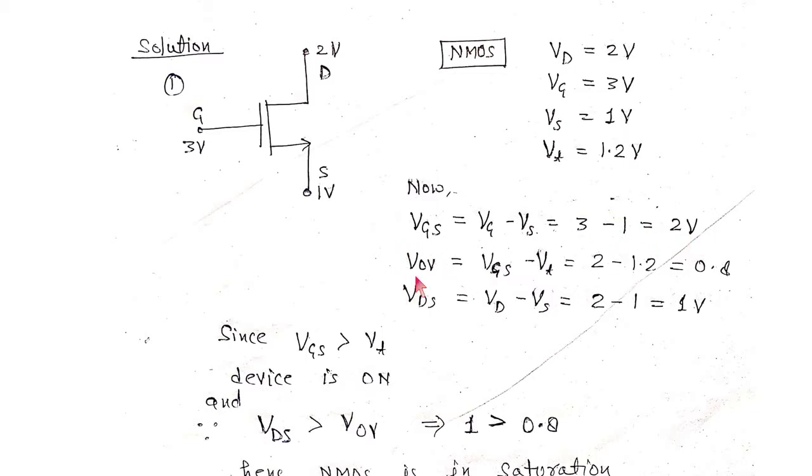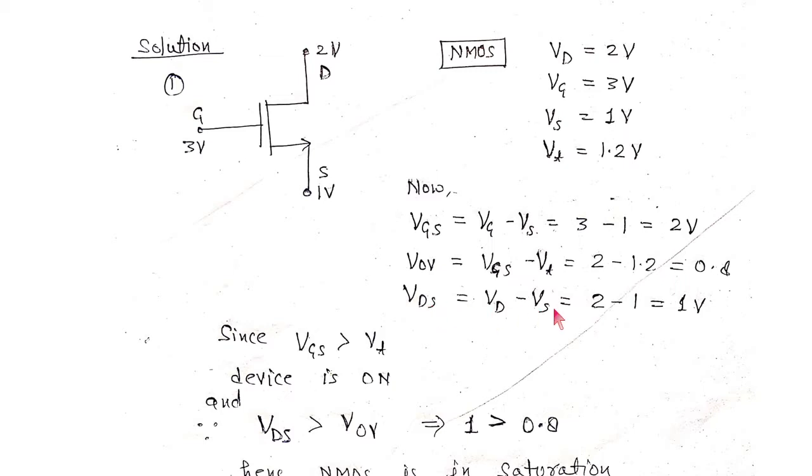Now we will calculate another term called VOV, which means V overdrive. VGS minus the threshold voltage Vt is called the overdrive voltage. So VGS is 2 volt as we evaluated, and Vt is 1.2 volt from the question, so that is 0.8 volt.